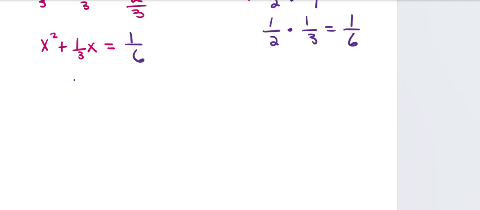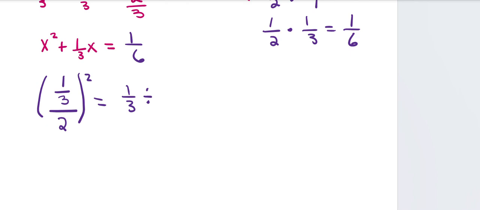So the next step says we are going to take the coefficient of the x divided by 2 and square it. So again, what's happening in this process is I have 1/3 divided by 2 over 1. So I am going to keep, change, and flip.